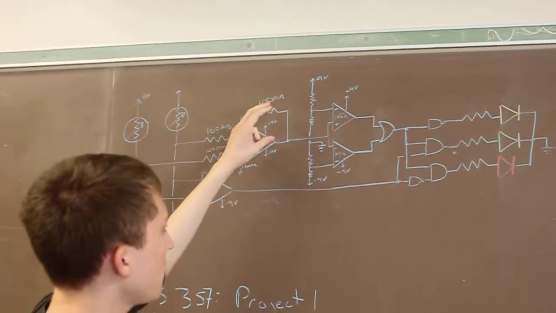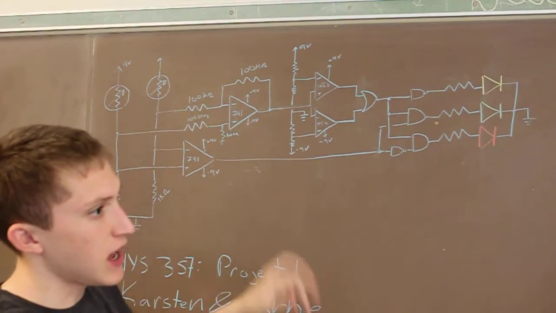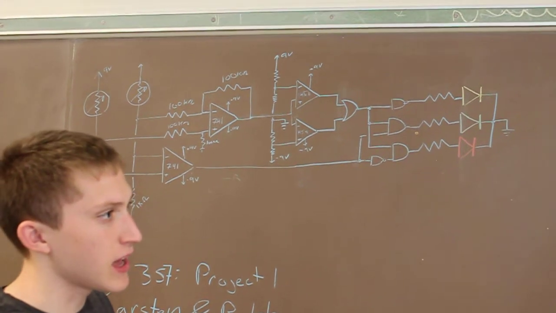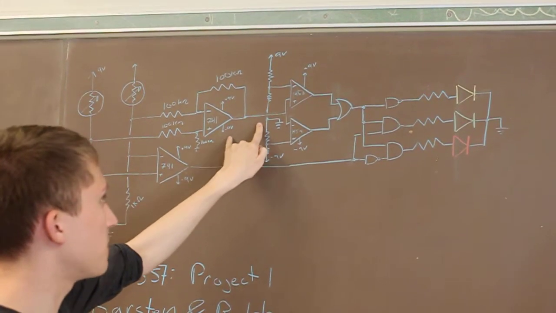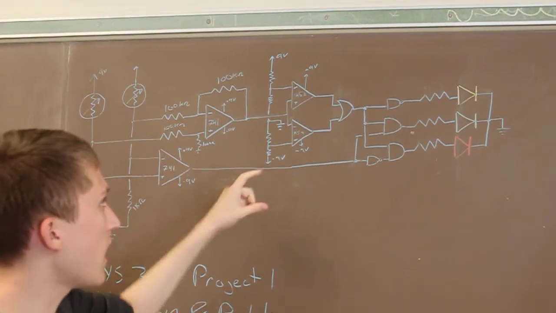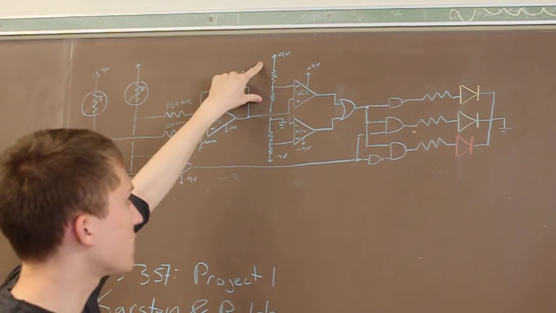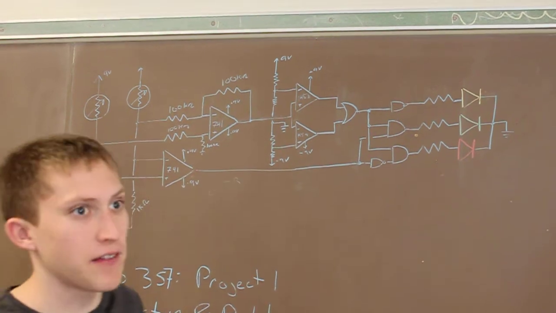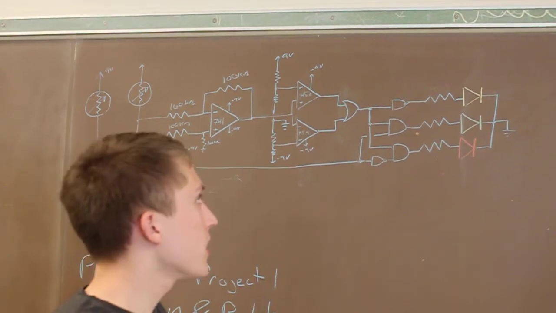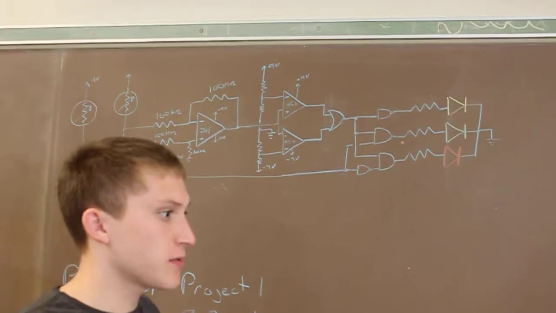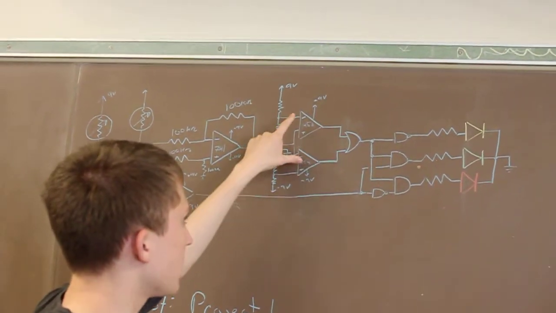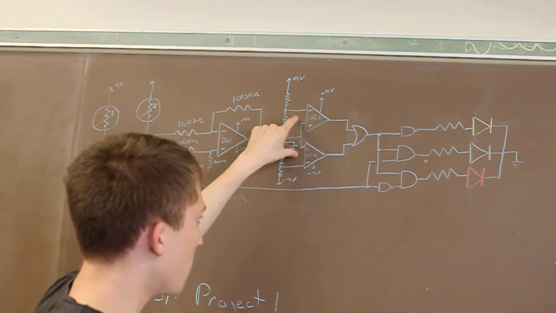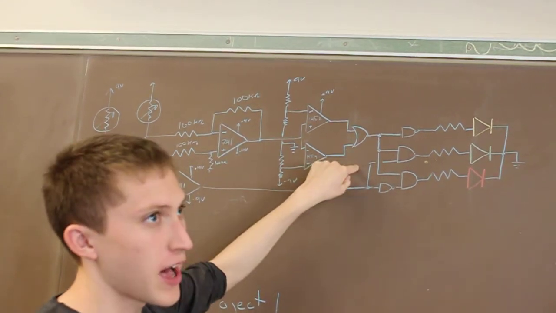The windowed comparator outputs a low value if the input, which would be this differencer input, is between two values. We set up a voltage divider here so that we could get half a volt on each side. So if the differencer returns a half volt on either side, the windowed comparator will return a low value.